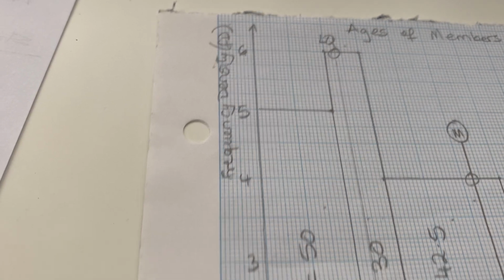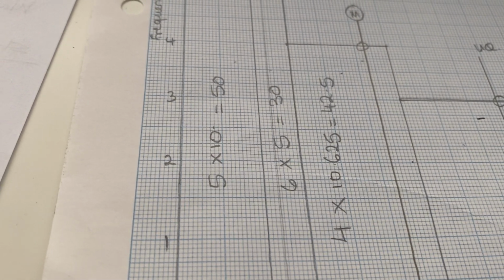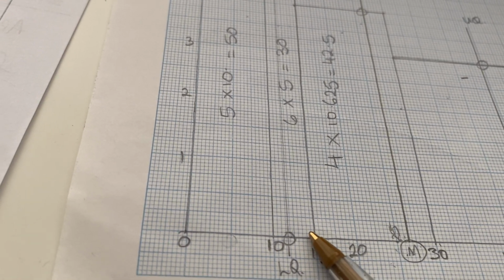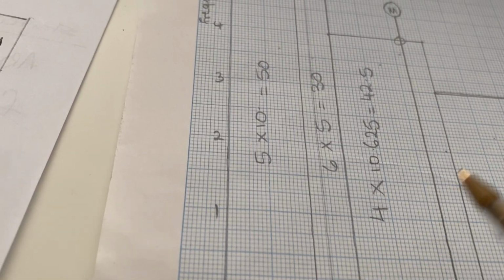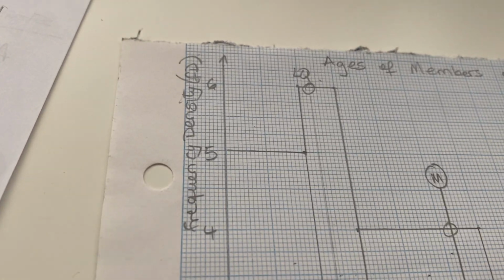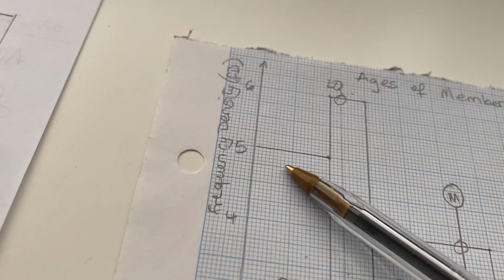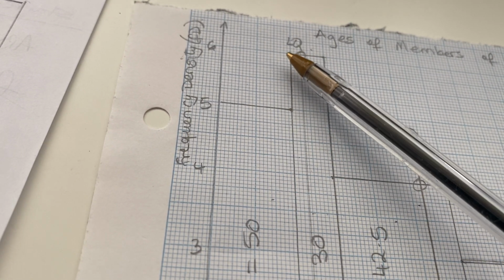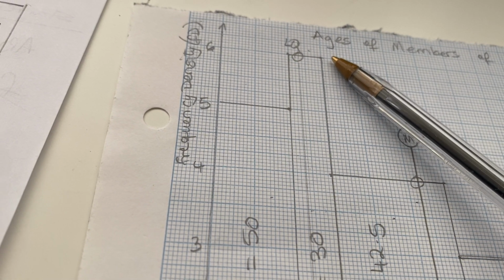So the first class width between 0 and 10 here, the frequency density is 5. The frequency density for the next one is 6.